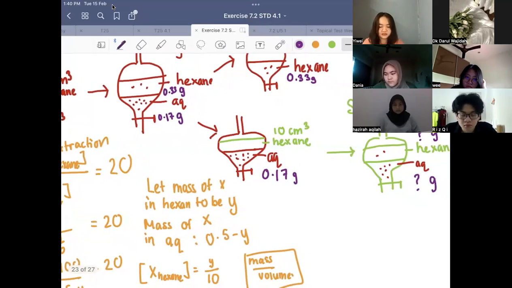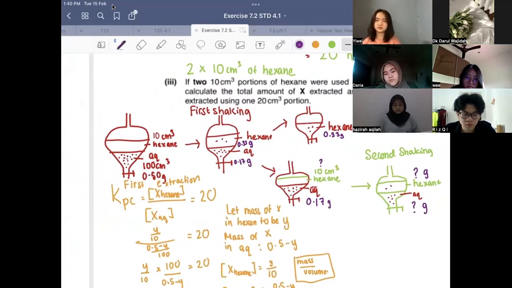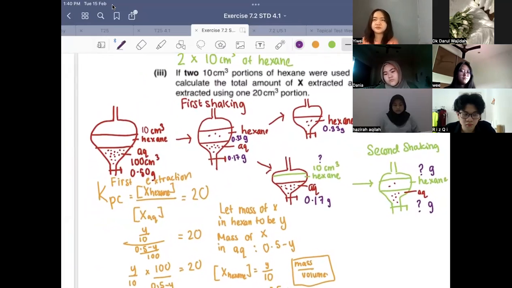And I don't know how much there is in hexane. This time I'm going to use my second 10 centimeter cube of hexane. All right, so this is what it means by 2 times 10 centimeter cubes of hexane.